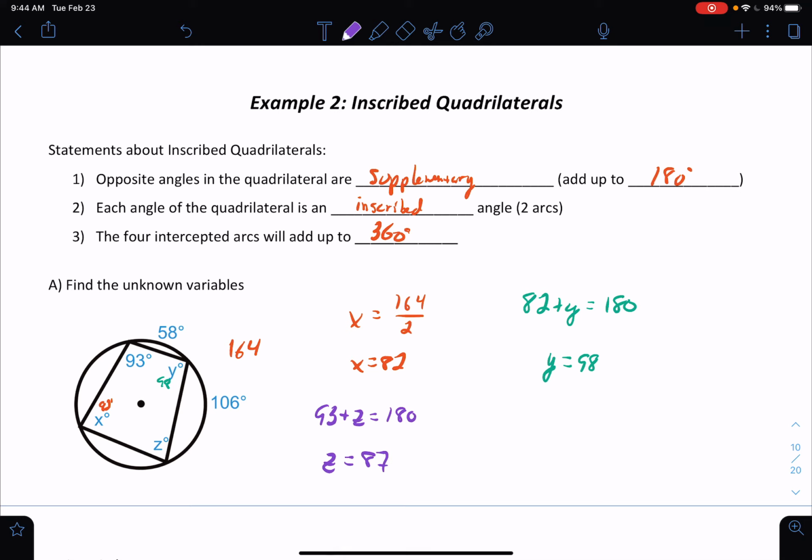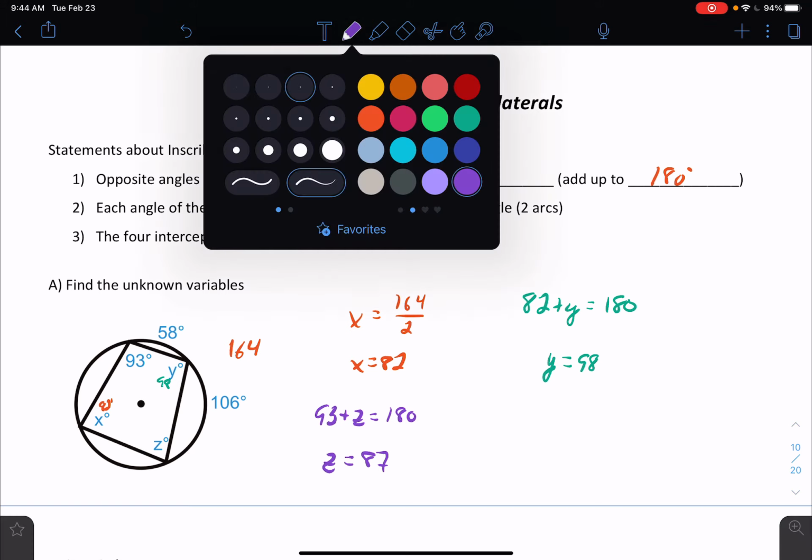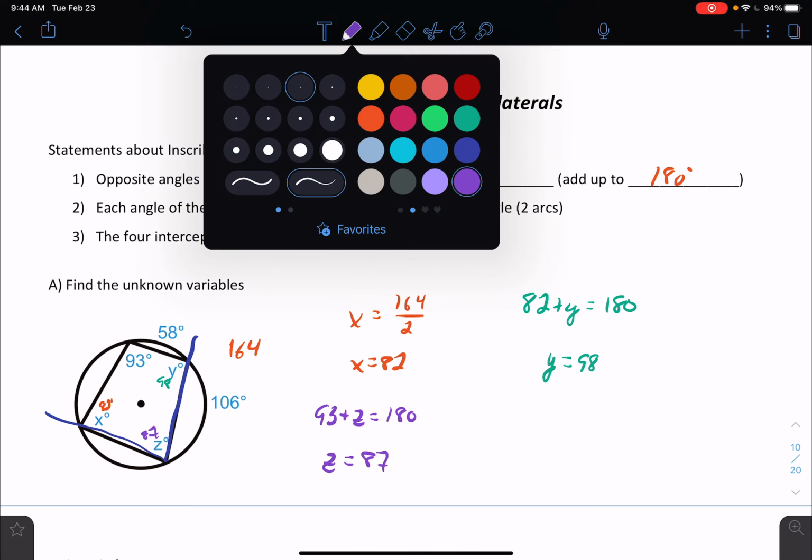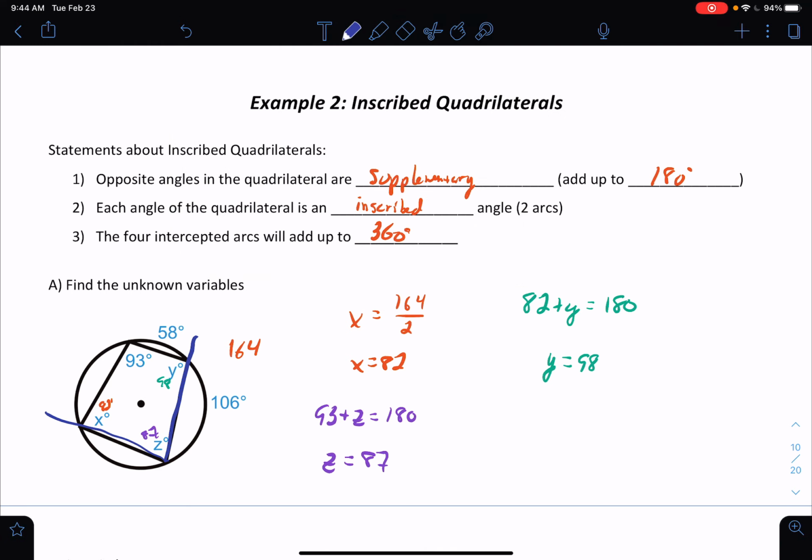We could figure out the other arcs and say, if I extend z, I'm going to capture 2 arcs. Z is 87, so that means 87 times 2. This whole thing is 174. Part of it's 58, so if I subtract 58, I'll get that this arc is 116.